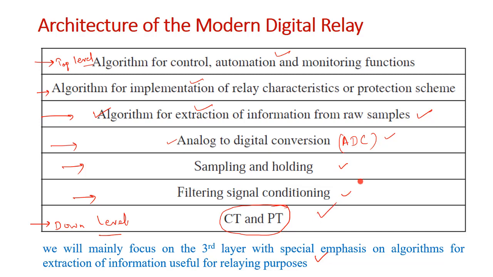Already in CTP2 we have covered those, right. All these things we cover, with special emphasis on algorithms for extraction of information from raw samples. Okay, so the rest we are not covering here. This is in fact for those doing research work, or you can say at the postgraduate level, where these things are covered.